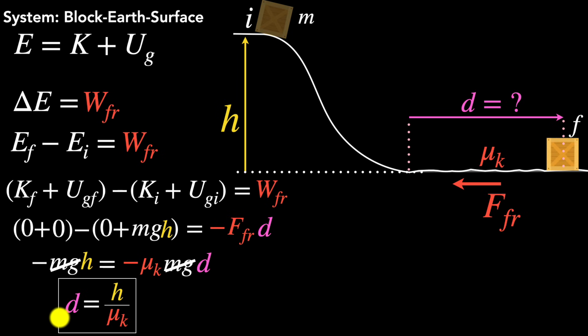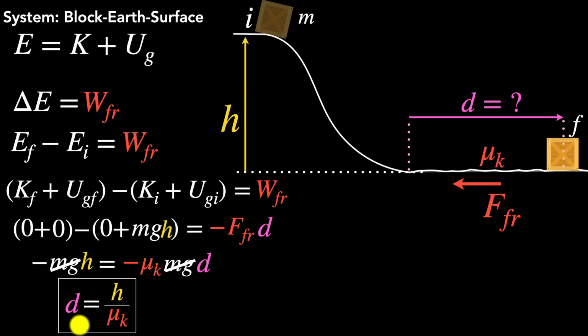We find that d is directly related to height. More height, more the distance. Does that make sense? Yeah. I mean, if the block started higher, by the time it comes here, it would have much higher speed, and so we'd expect it to travel much farther before coming to a stop. If the block started lower, it would have much lower speed, and so you'd expect it to come to a stop much closer.